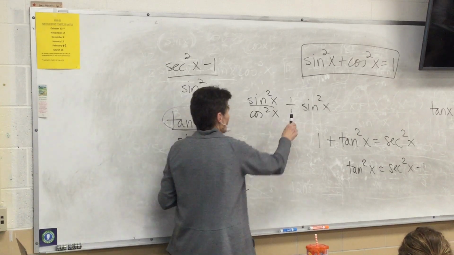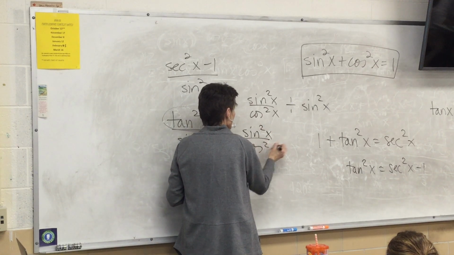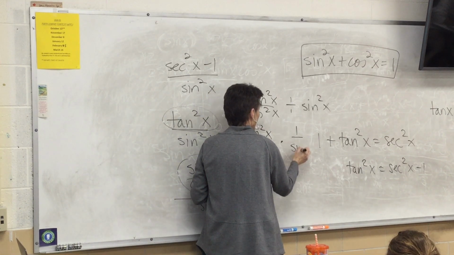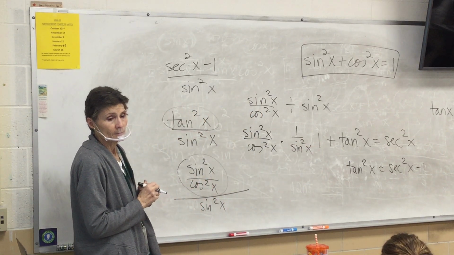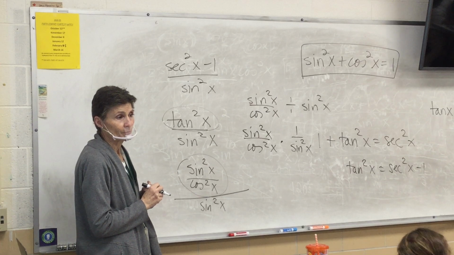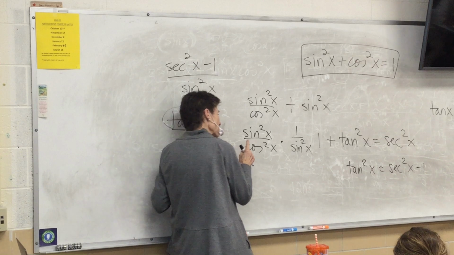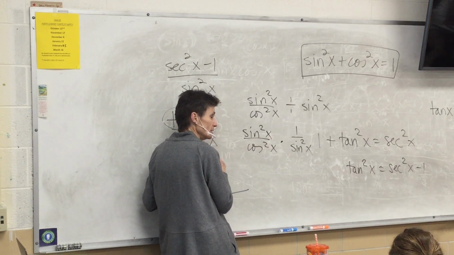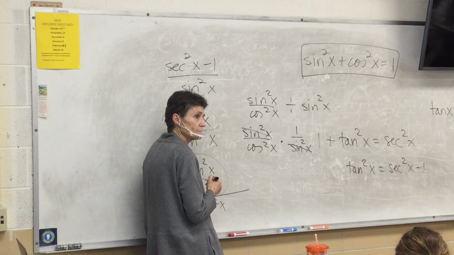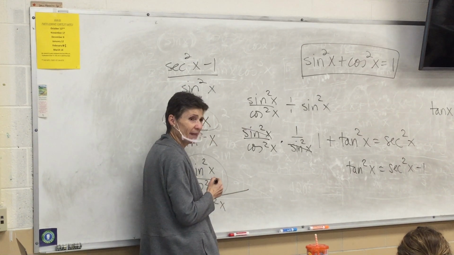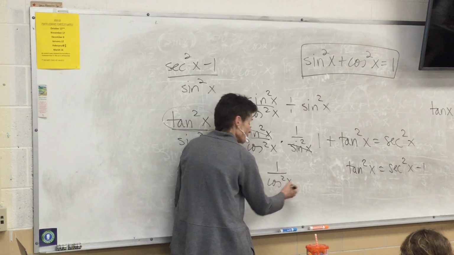So I heard somebody say it. What do I do when I have division of fractions? I multiply by the reciprocal. So I'm going to multiply by 1 over sine squared. And since this is a multiply problem, won't these cancel out? So what am I left with? 1 over cosine squared?